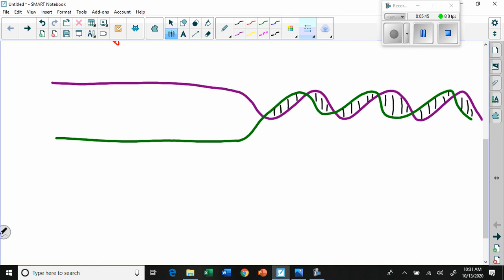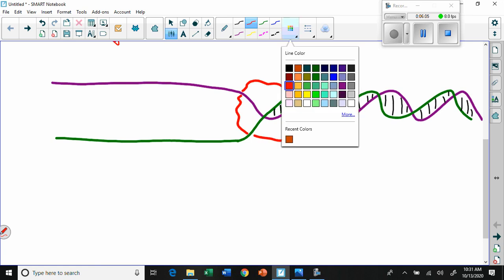And so there's an actual enzyme, which is an unwinding enzyme, and it's called helicase. So I'm going to draw a picture of helicase here, as a blobby red thing around here, and I'll shade it in with a crayon.